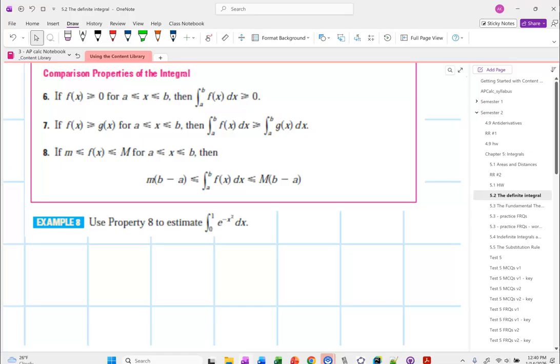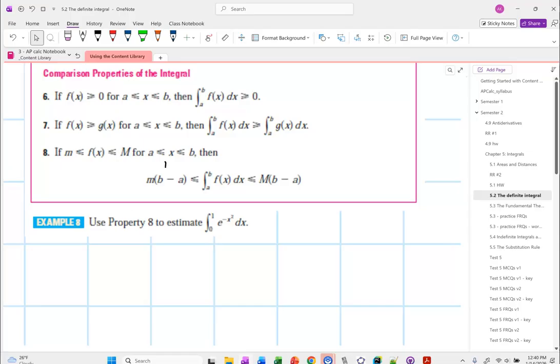And then the last one says that if I have some bound for f of x, where little m is less than or equal to f of x and f of x is less than or equal to big M, so m's a constant, right? That's the bottom. f of x is in the middle. And then cap M's a constant. It's on top. The area under the constant is shaped like a rectangle.